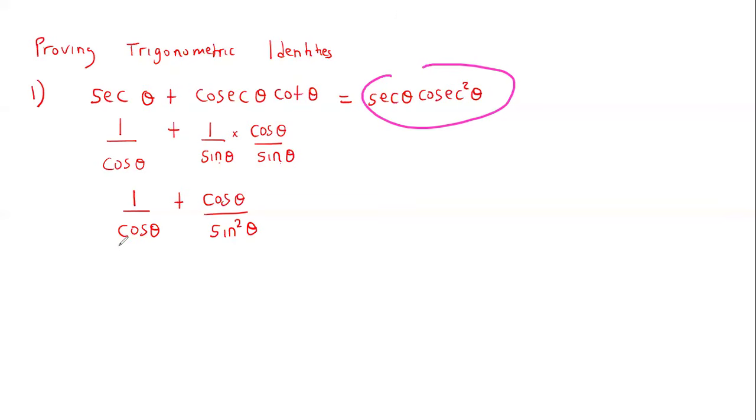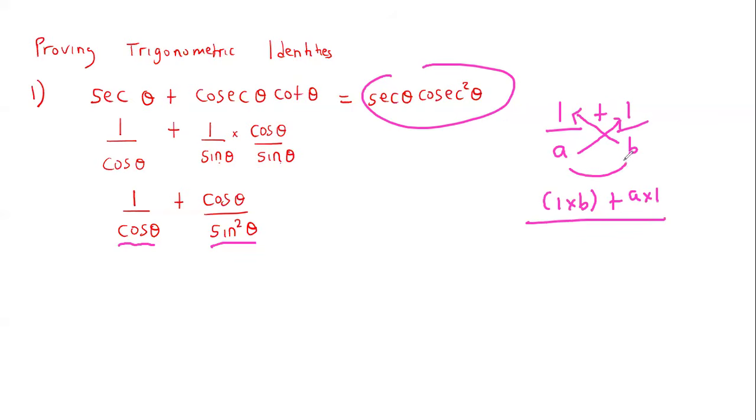Now, when you look at our denominator here, we have cos theta, we have sine squared theta. Now, what is our LCM? The LCM is going to be cos theta, sine squared theta. But sometimes I let you know that if I have 1 out of A plus 1 out of B, you can do it easily by having this one multiply here, such that you get 1 times B, plus have this multiply here, that is A times 1.